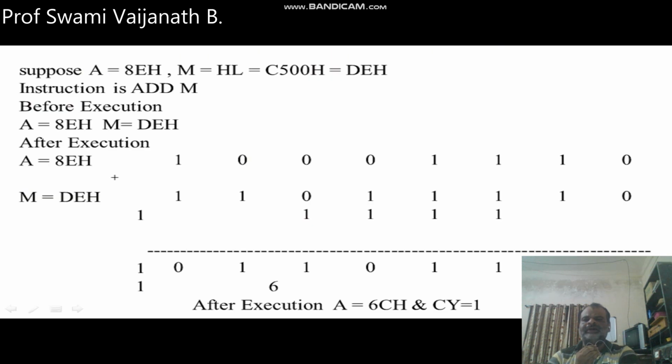Here in the example, register A has 8E and HL is initialized as like this.